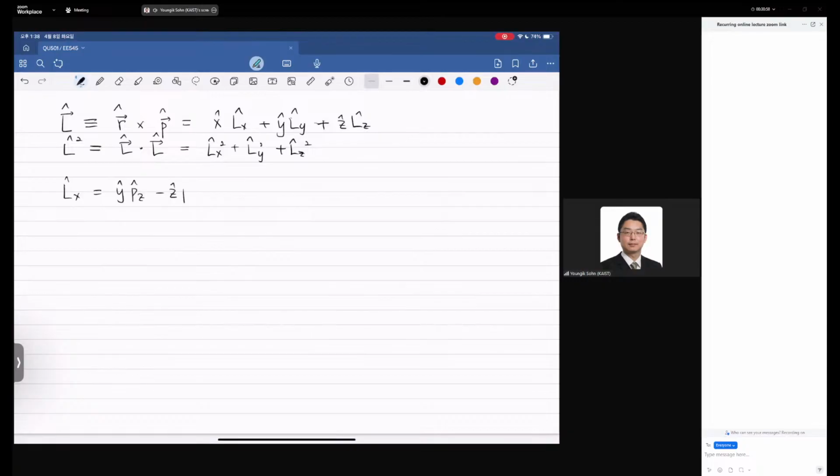But whenever you write this, try to remember that these are all operators. The momentum operator has a minus i h bar, and then it's a partial derivative. So you'll get this minus this, right?